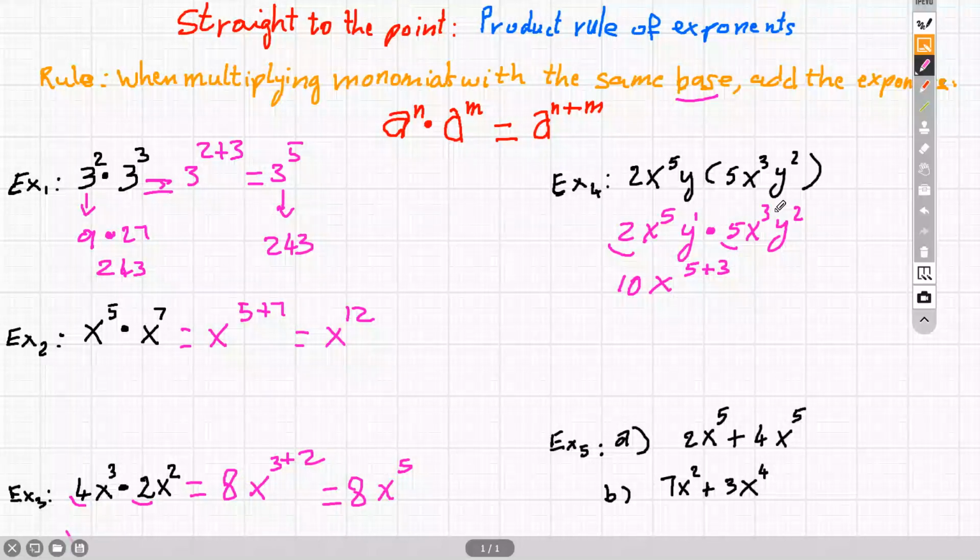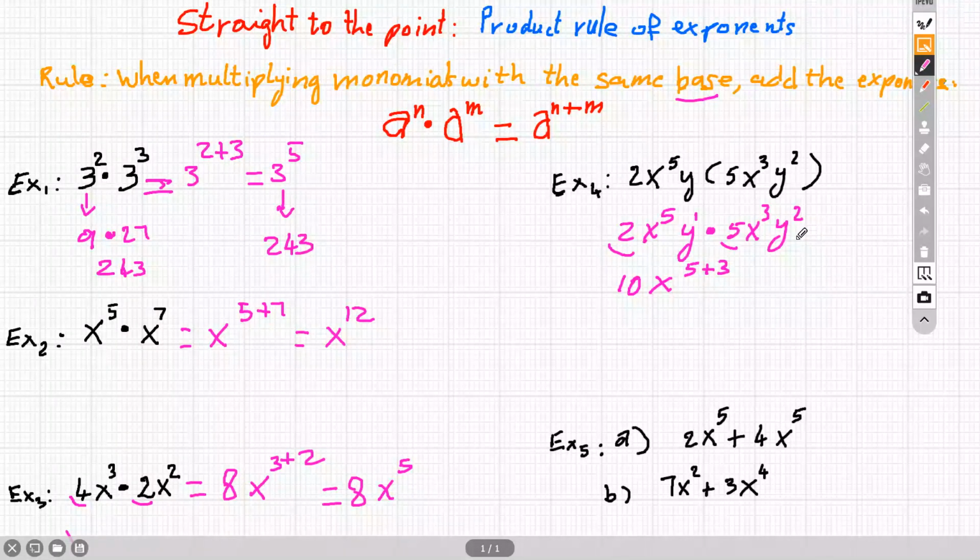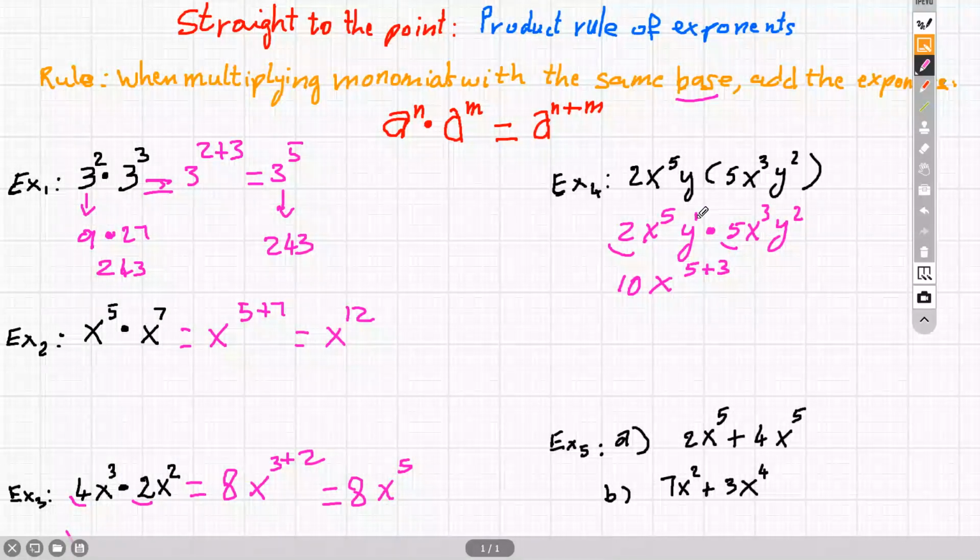I'm just adding the exponents following the rule. Now I can move to a different base, which is y. So y to the power 1 times y squared would be y to the 1 plus 2.